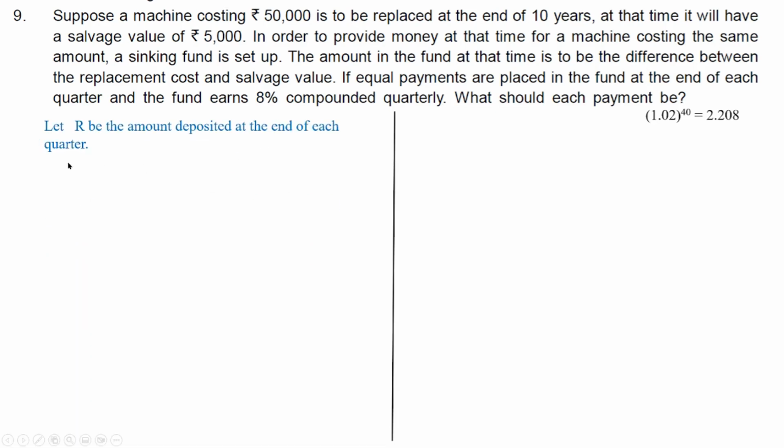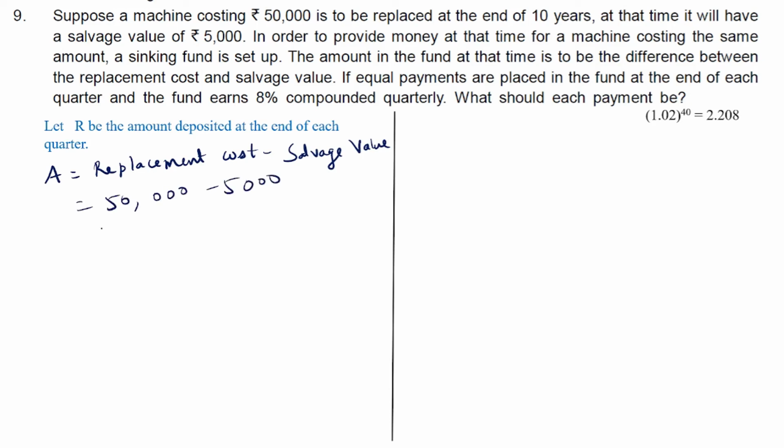So let R be the amount deposited at the end of each quarter. The accumulated sum A will be replacement cost minus salvage value. So the replacement cost is 50,000 and salvage value is 5,000. So it is 45,000.